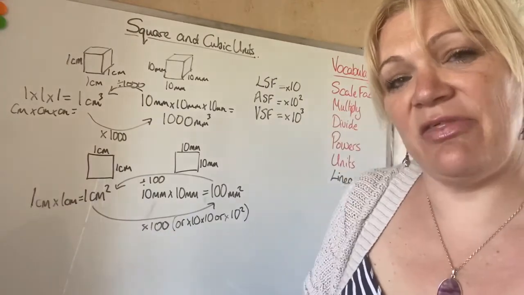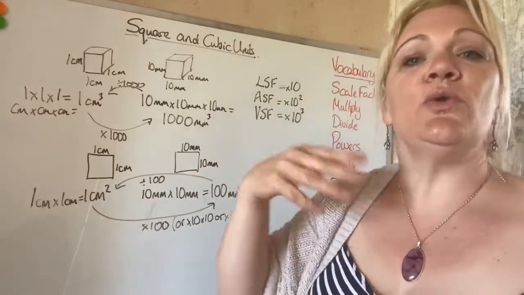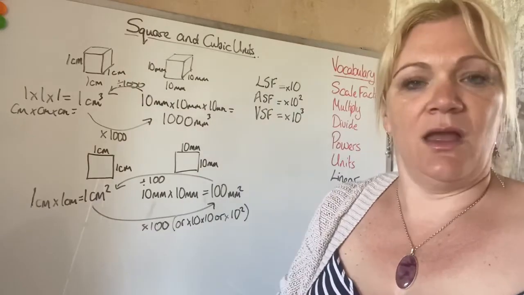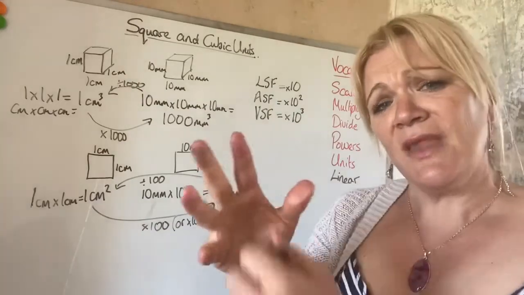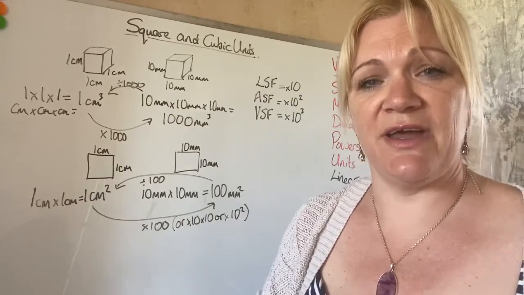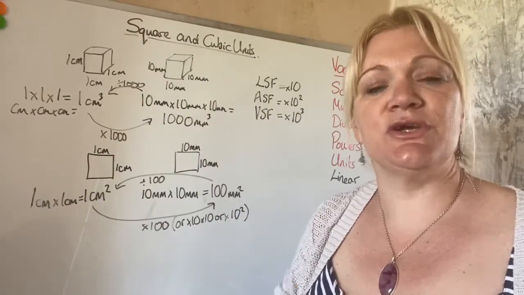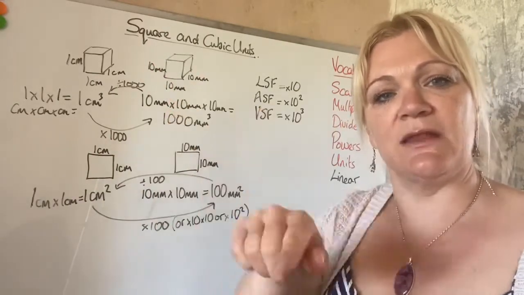And it's actually the same thing if you're dealing with enlargements of shapes as well. So even if you didn't know what your units were, if they were just a random unit and you were asked to enlarge the shape by scale factor 2, then your linear scale factor would be times 2, so each line would be 2 times bigger than before.